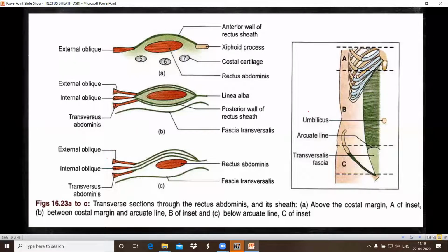Again, I am repeating, at the lower end of the posterior wall of the rectus sheath, it ends as a sickle-shaped concave margin at the midpoint between the umbilicus and pubic symphysis. That is called the arcuate line of Douglas or linea semicircularis. This linea alba, linea semilunaris and arcuate line are very, very important for bits and also for 2-mark or 5-mark questions.